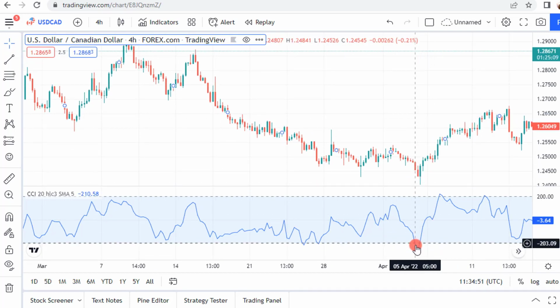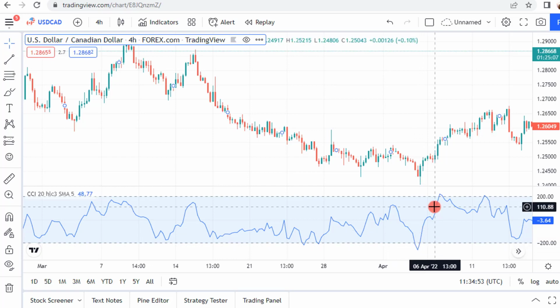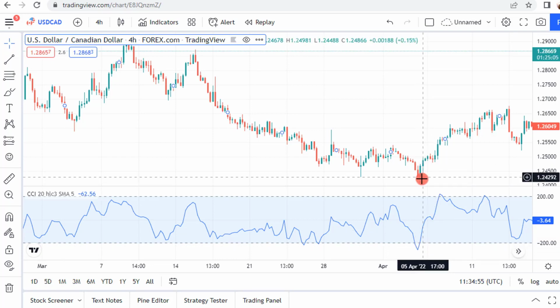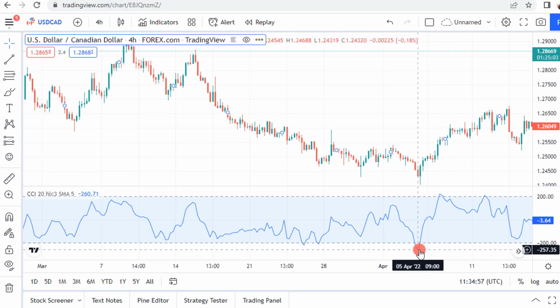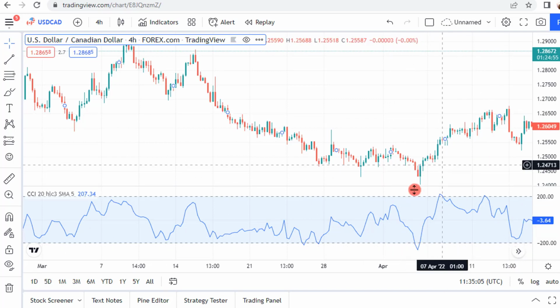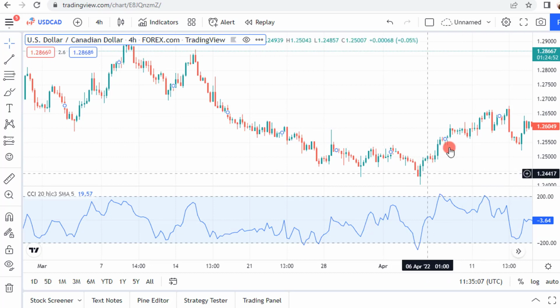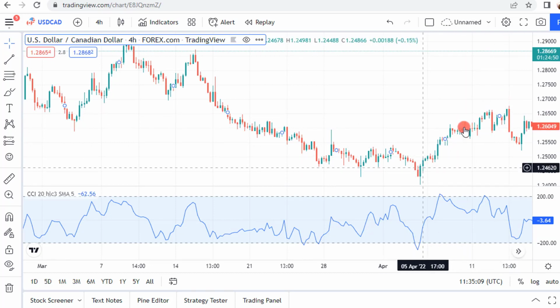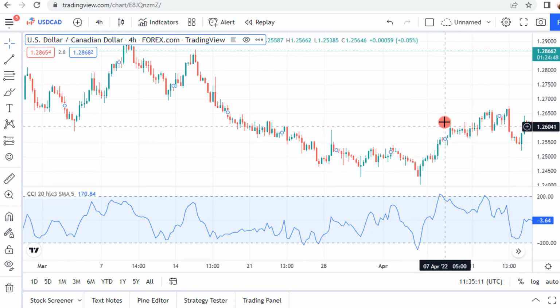But when this line starts to go uptrend again, then you will take buy entry. As you can see here, this CCI line touches the lower band and then turns up again. And we can see in the market, this line touched the lower band and goes up, and the market also goes up. So if you follow this way, you can bring out the profit from the market.